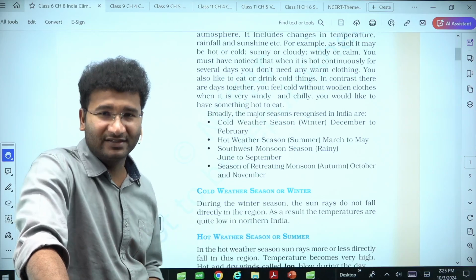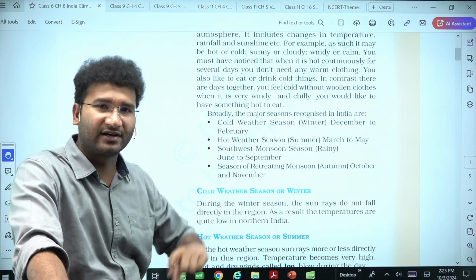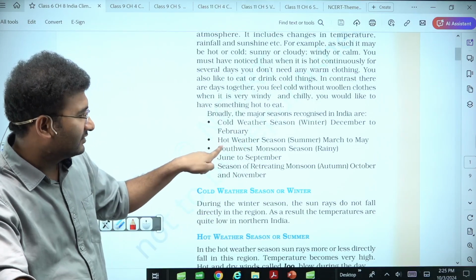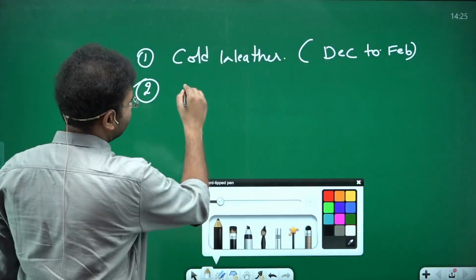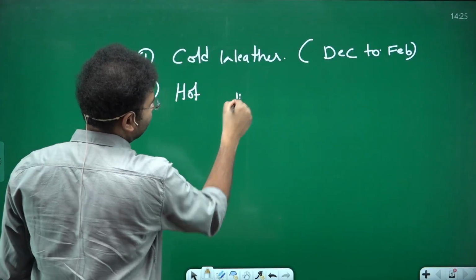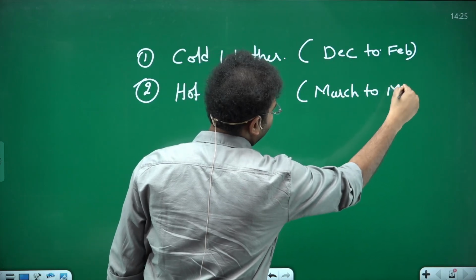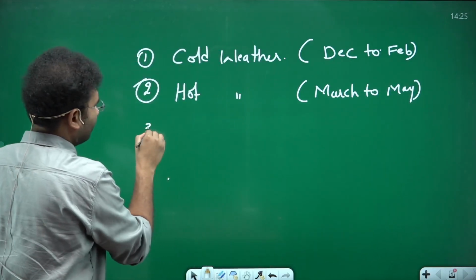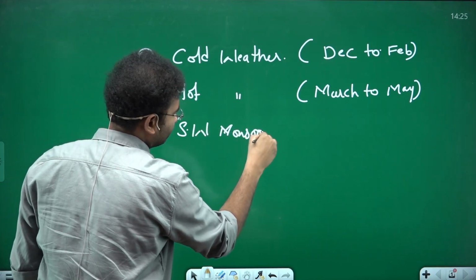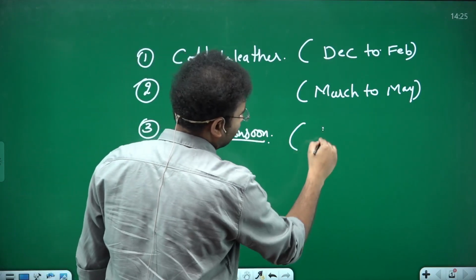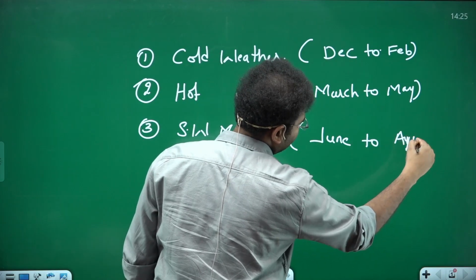See, those are different seasons. It is just a remodification of these particular seasons into that. Now look at the second season, that is hot weather season, from March to May. Then you have southwest monsoon season, which is from June to August, September.